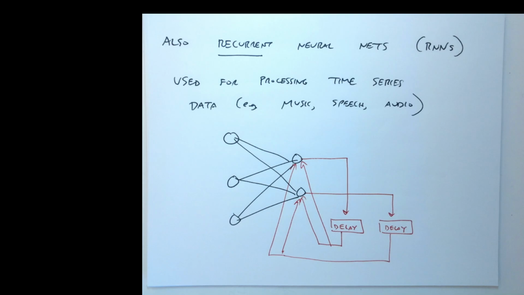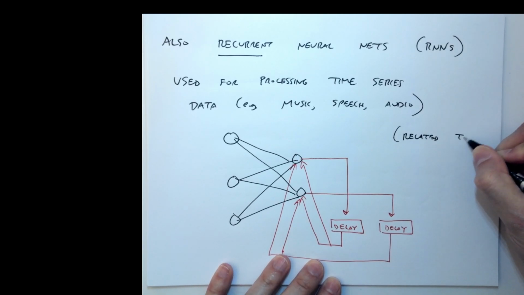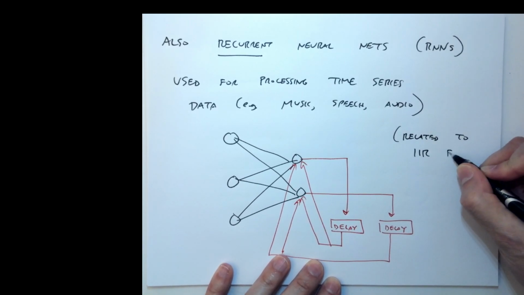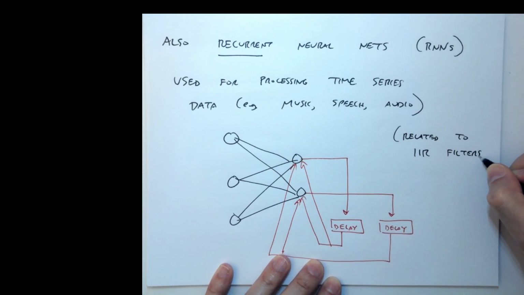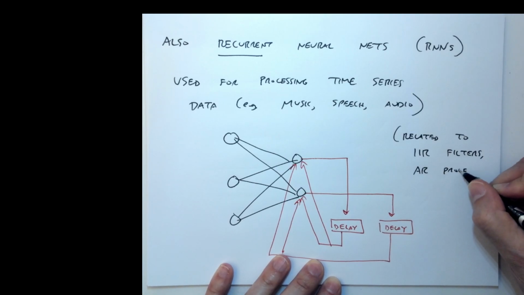So the diagram gets a little more complicated. But if you're a signal processing person, if you've taken a DSP class, you recognize this as what's called an IIR filter, infinite impulse response, or also what are called autoregressive processes.